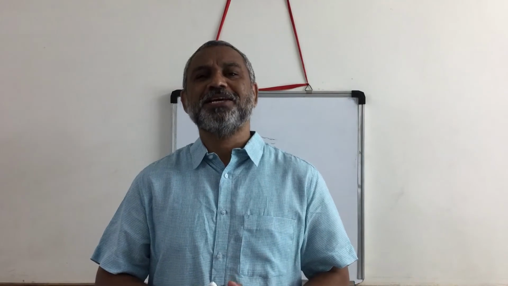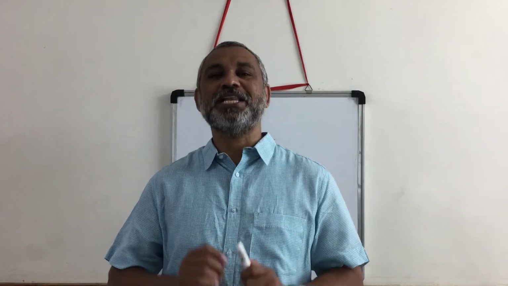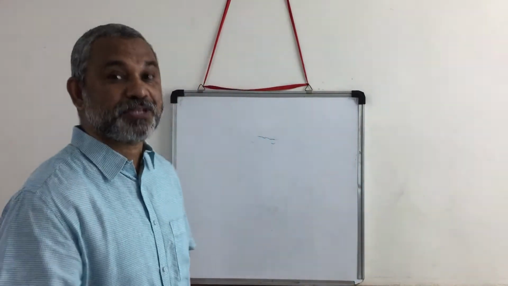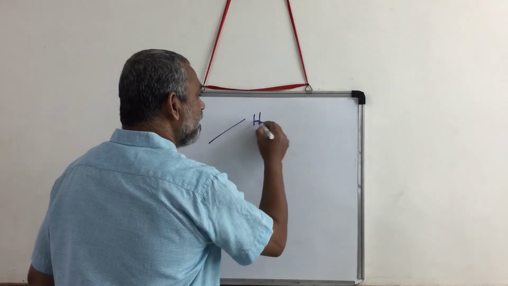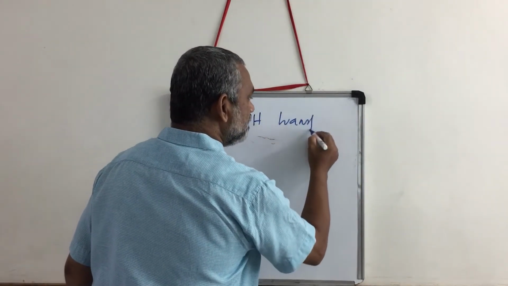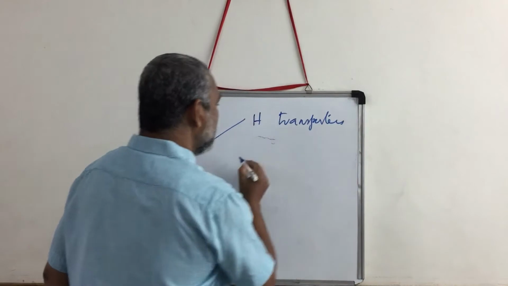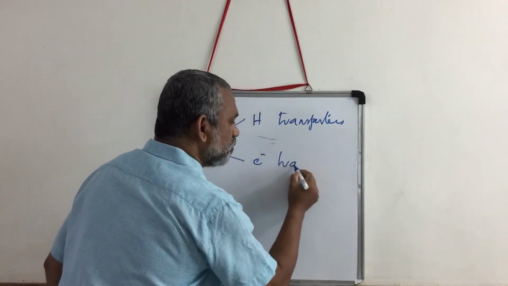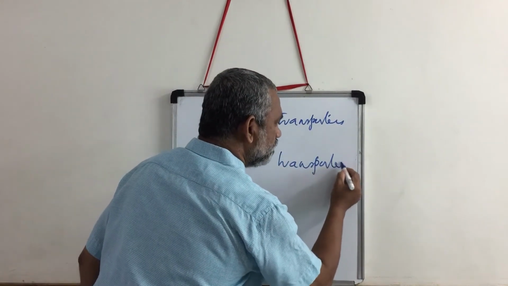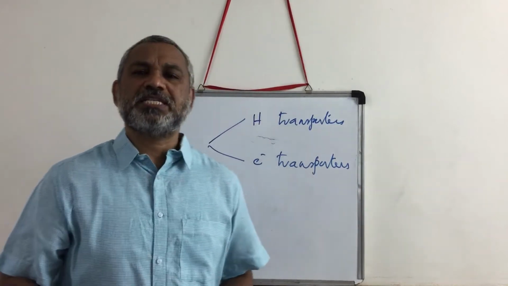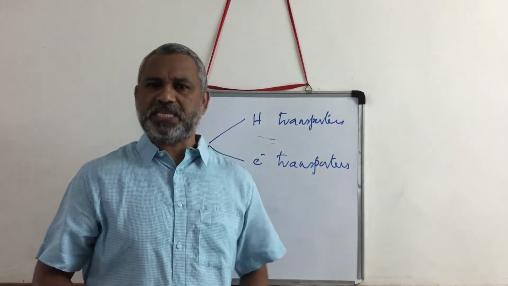Let us look at the various components of the electron transport chain. In this complex mechanism, there are two types of transporters: one is hydrogen transporters and the second is electron transporters. We will look at some of the most basic molecules.